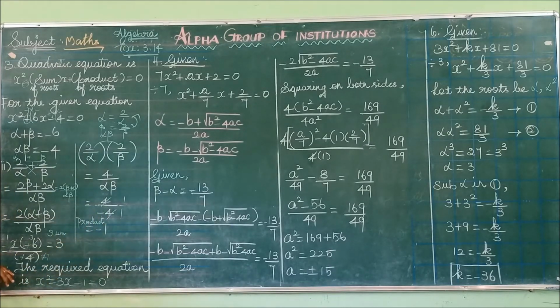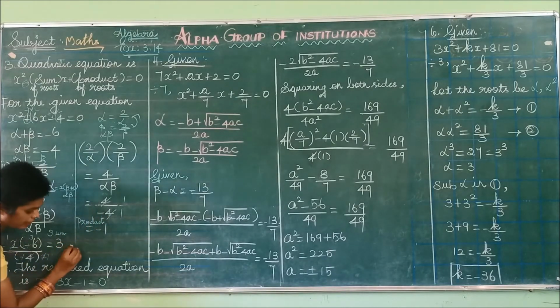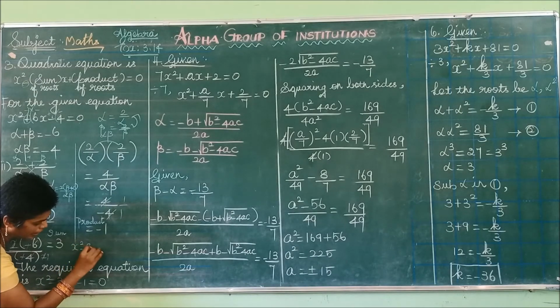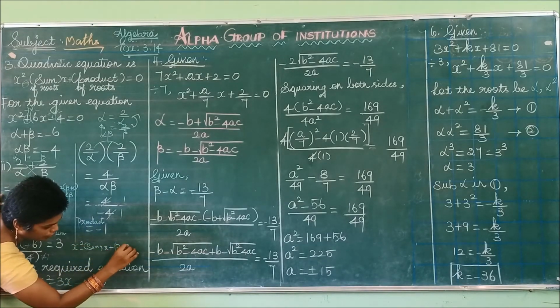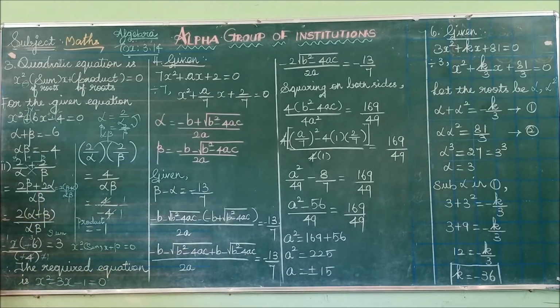So you write the general formula first. What is our general formula? X squared minus sum of the roots into x plus product of the roots, which is equal to 0. So apply the known values. X squared minus, what is the sum here? Here the sum value is 3. 3 into x. So here plus the product, which is minus 1.